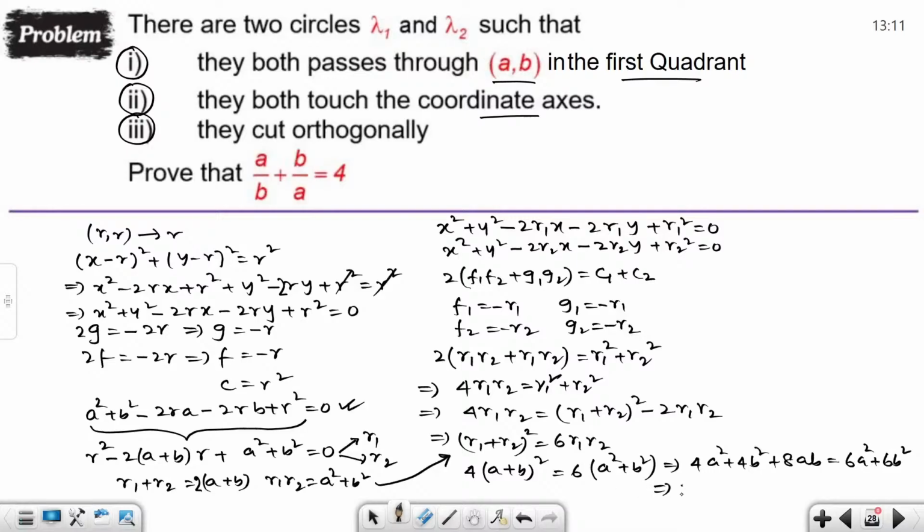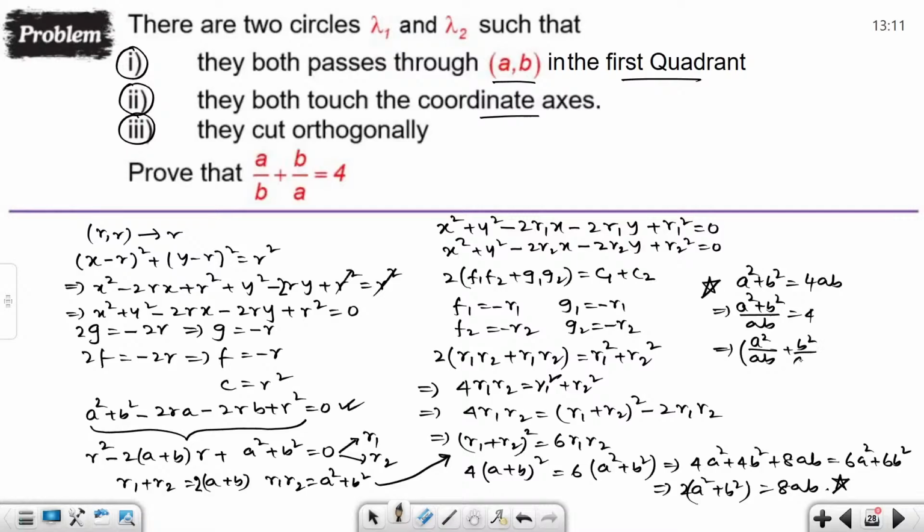So from here we are getting 2 times (a square plus b square) equals 8ab. So from here we can write a square plus b square is basically 4ab, and if I divide by ab we are getting a square by ab plus b square by ab equals 4, which implies a by b plus b by a is 4, hence proved.